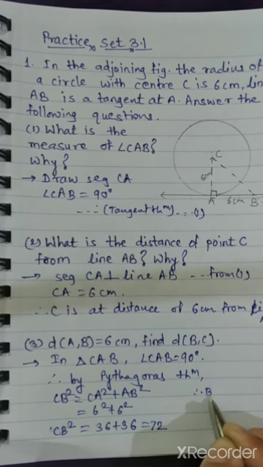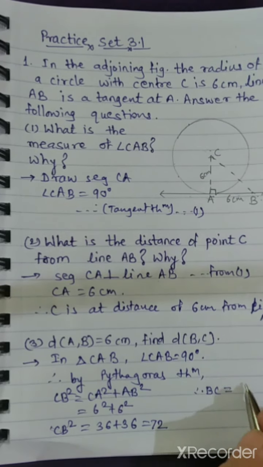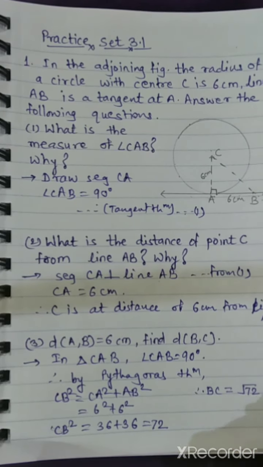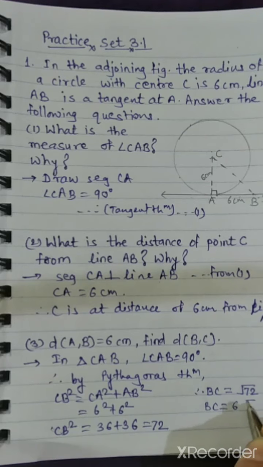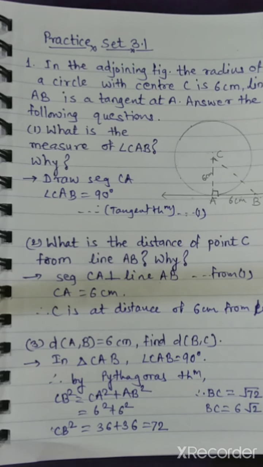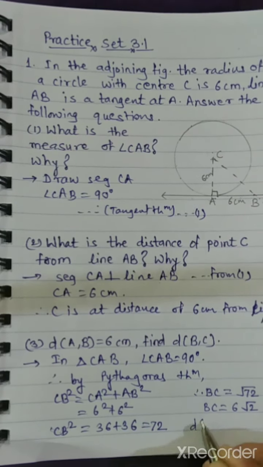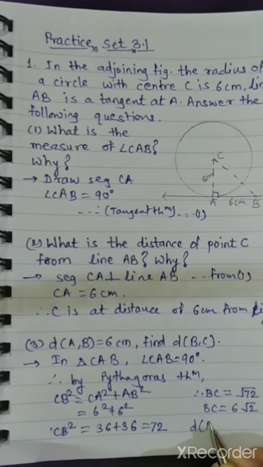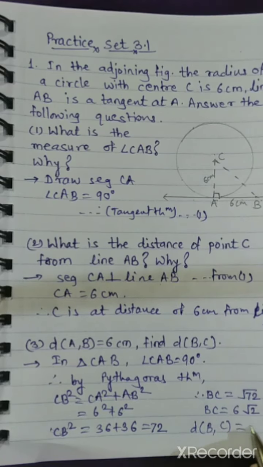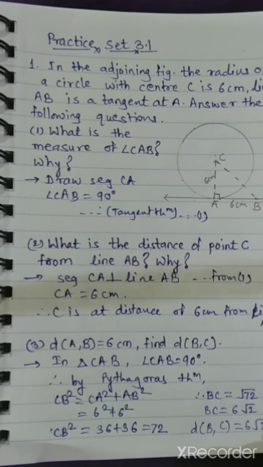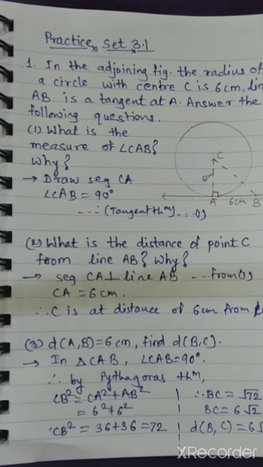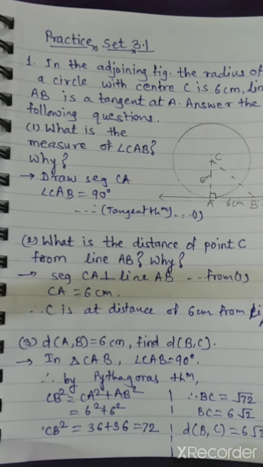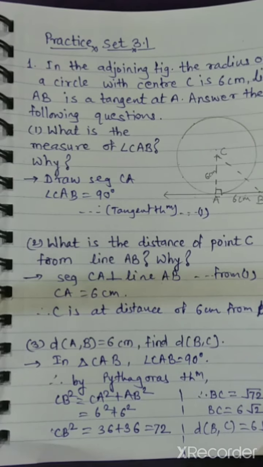Therefore BC is equal to square root of 72. It means BC is equal to 6 root 2. So therefore distance between BC is equal to 6 root 2 centimeter. This we have found out.